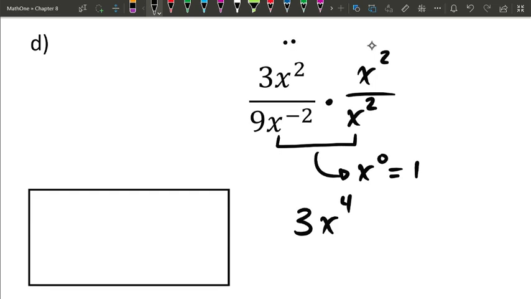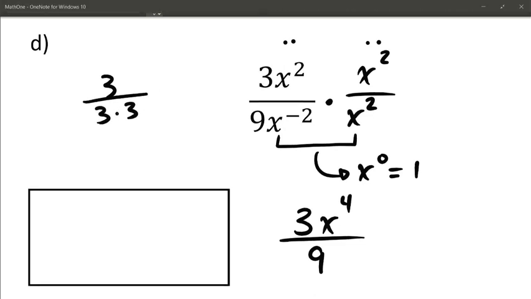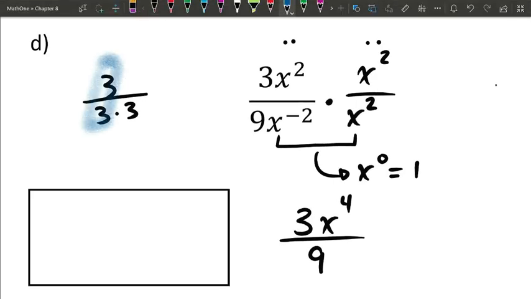That's xx times xx. And in my denominator, I have the number 9. Both of those are divisible by 3, right? 3 over 9 is the same thing as 3 divided by 3 times 3. Clearly, there's a giant 1. And if I get rid of this factor of 1, I'm left with just a factor of 3 in the denominator. So my final answer will be x to the 4th power divided by 3.